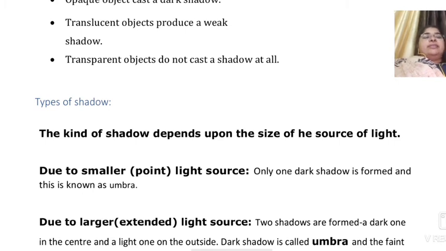So student, remember this word. When we see only a small point source anywhere, this type of dark shadow is formed and is known as umbra.